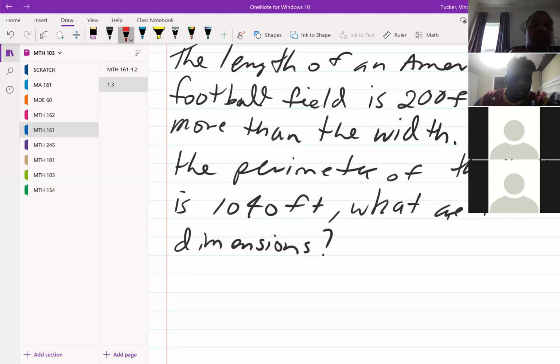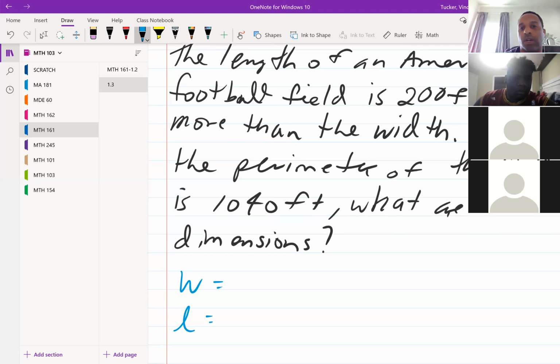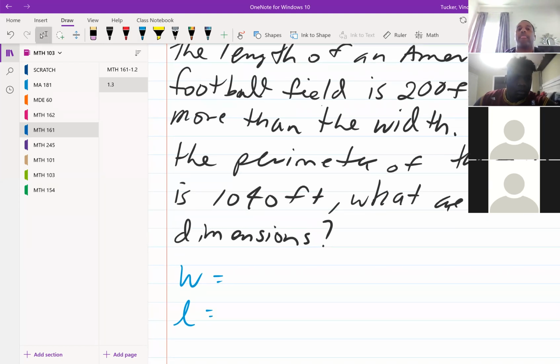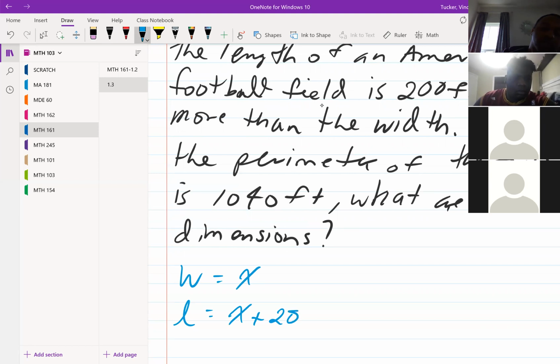So we have two unknowns, the width and the length. Those are our dimensions. We know the length of the field is 200 feet more than the width. So we call the width x. We can call the length x plus 200.